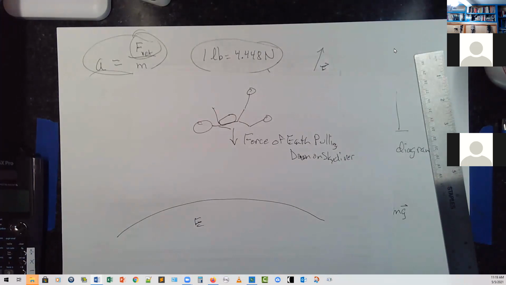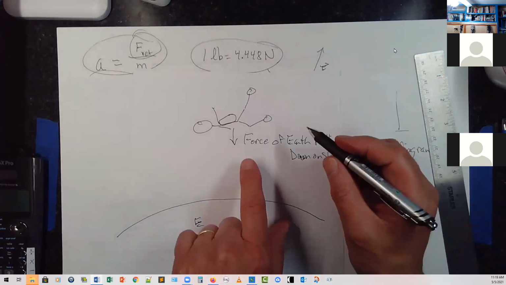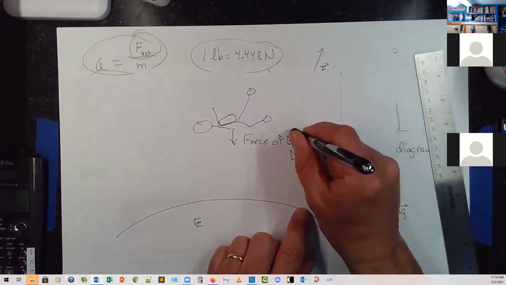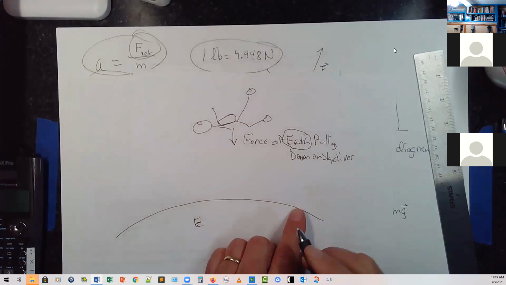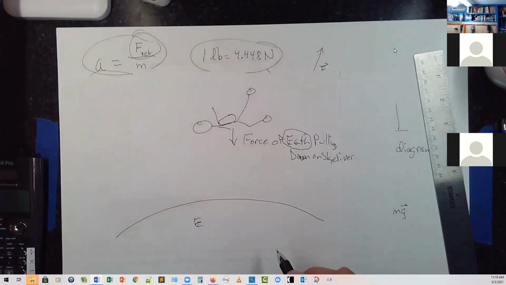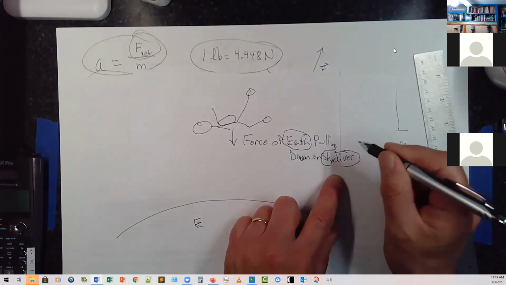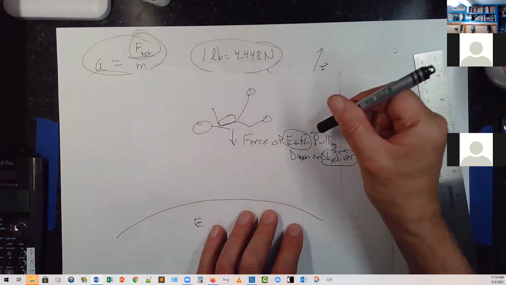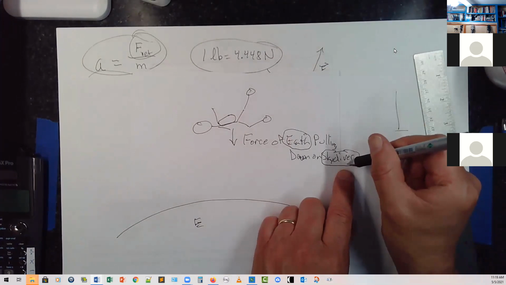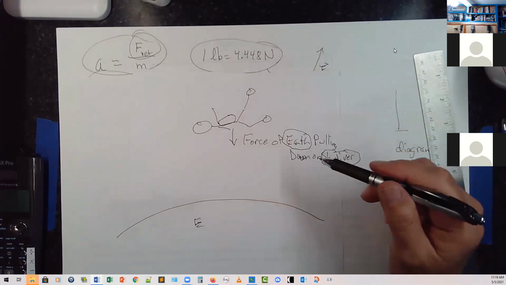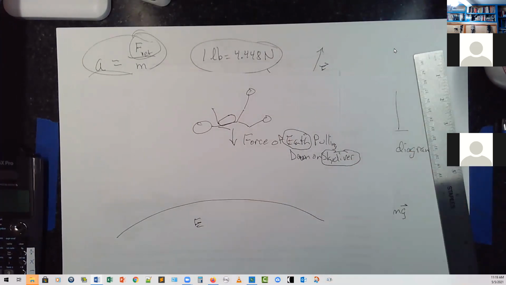Well, here's the way I figure it out. I look, what is exerting this force? The Earth is exerting that force. What is the force acting on? It's acting on the skydiver. So here's my object 1, here's my object 2. I swap them to figure out the third law partner of this force.